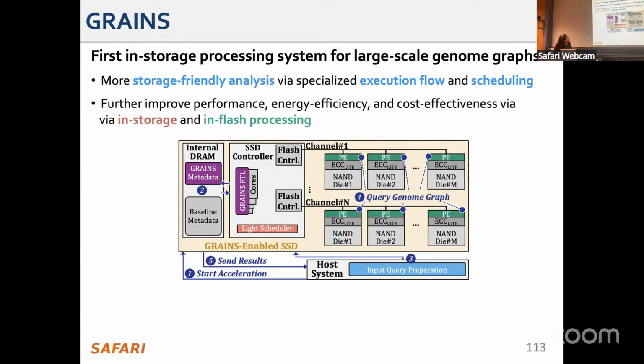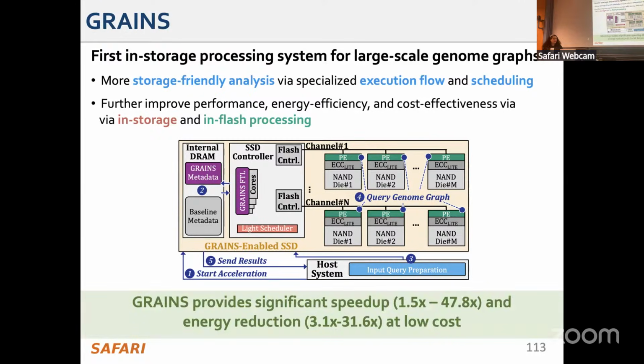Here, we also devised some little hardware units on the NAND flash dies. It comes with its own set of opportunities and its own set of challenges. I'm not going to go through it now, but again, I wanted to show the large benefit it would provide. And similar to what we showed for MegIS, it can provide these benefits without even needing to bring these massive graphs to a large DRAM in the host system.